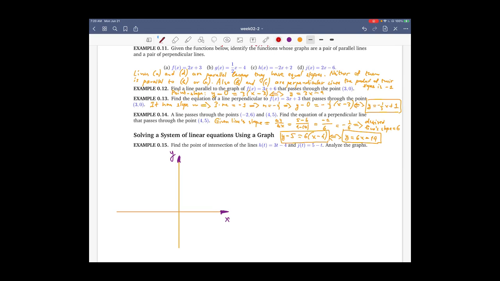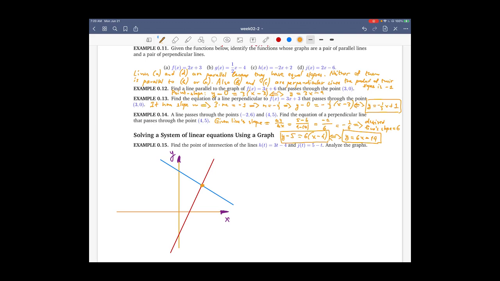Line 3t minus 4 has slope 3 and intercept negative 4, so it'll look like this. And line 5 minus t has slope negative 1 and y-intercept 5, so it will look like this. So the point we're looking for is the point where they intersect. That is the graphical interpretation.